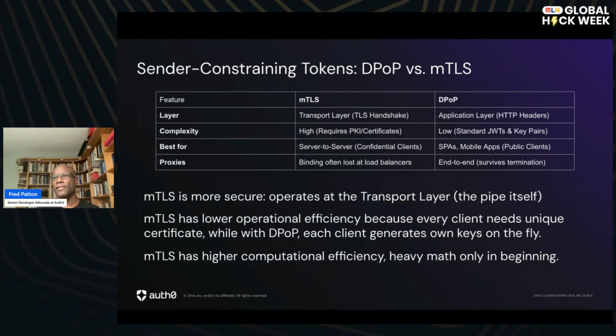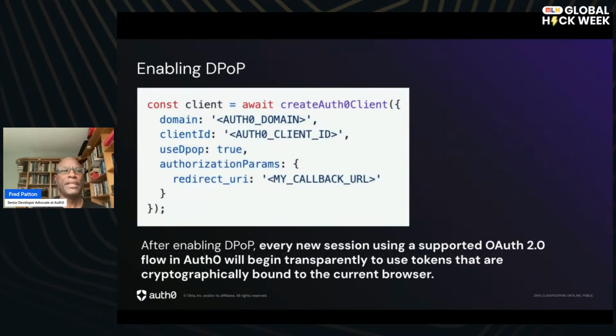MTLS, because you're setting it up in that handshake, you pretty much do the heavy math just once, and then you're doing super fast operations going forward. So it's a little less overhead than with DPoP, where you're still on each client generating your key pairs.